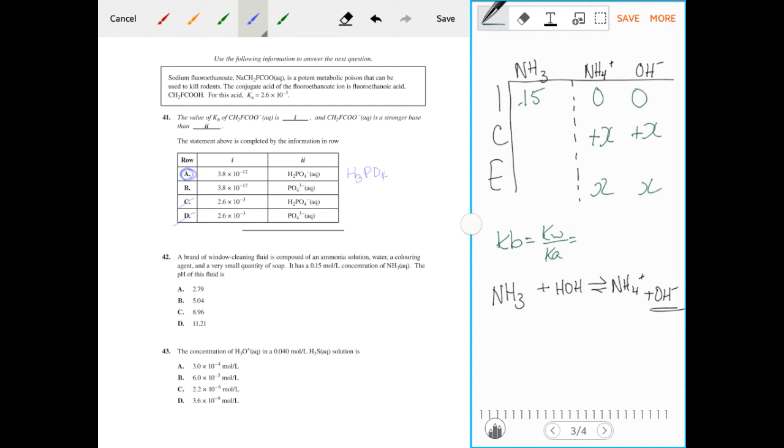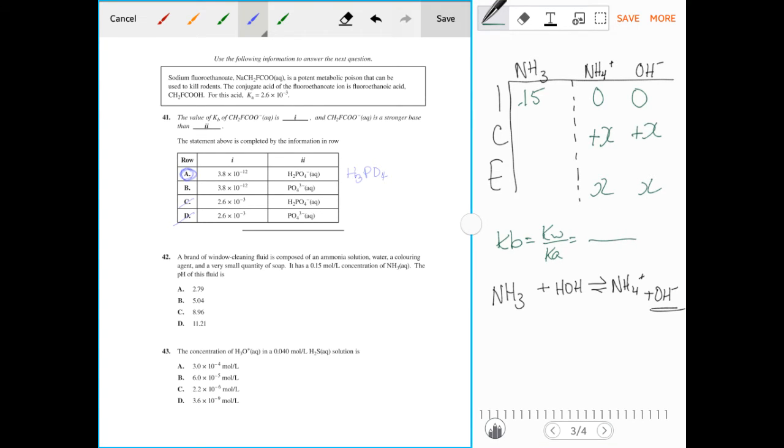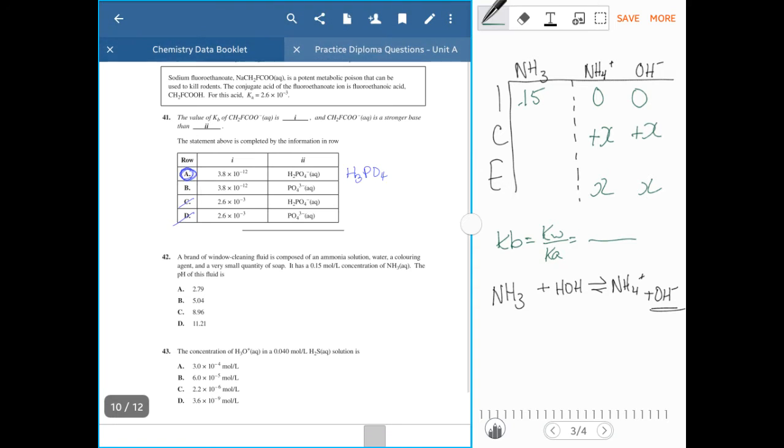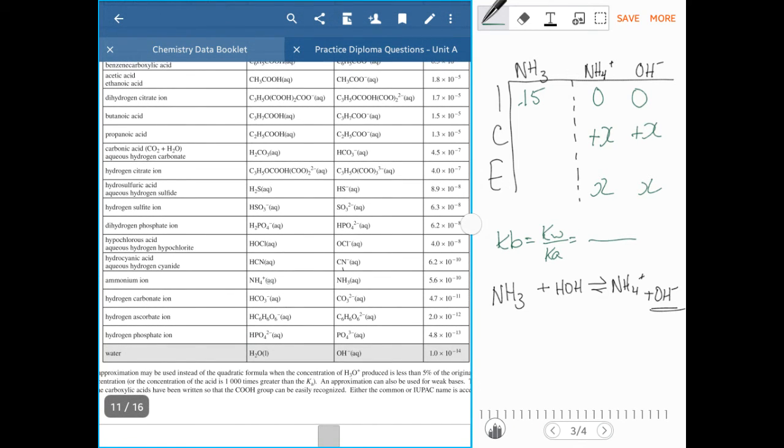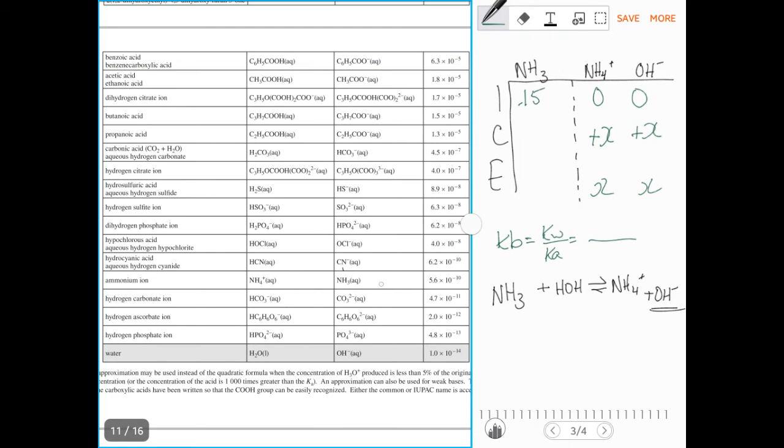When I go into my chemistry data booklet and look at my conjugate acid, my conjugate acid here is ammonium, and the acid ionization constant for that is 5.6 times 10 to the negative 10.